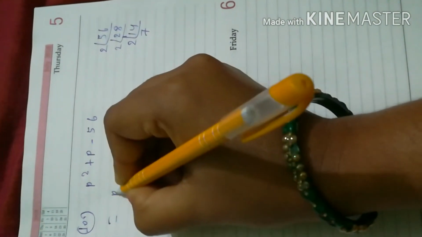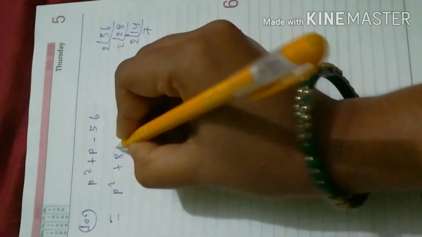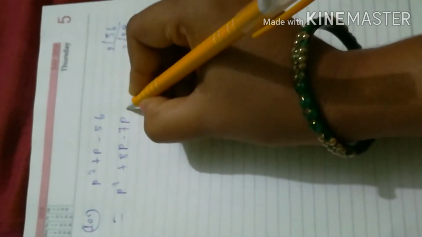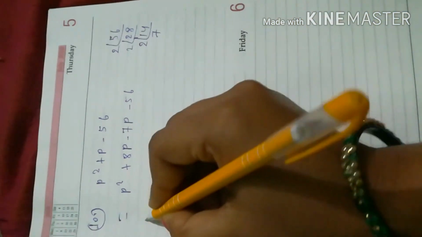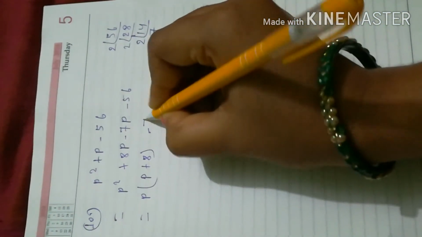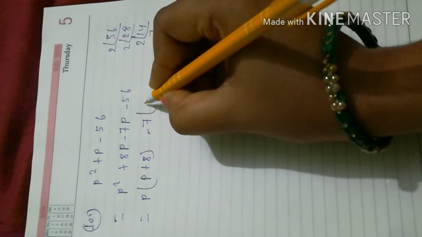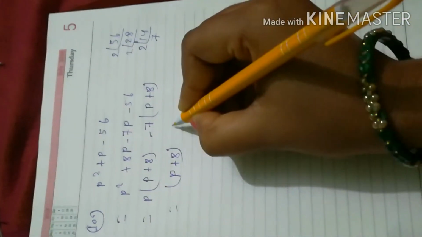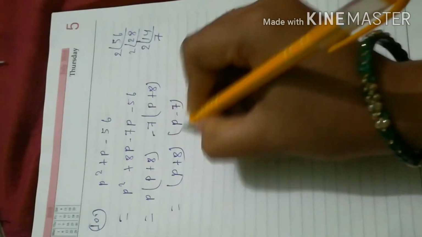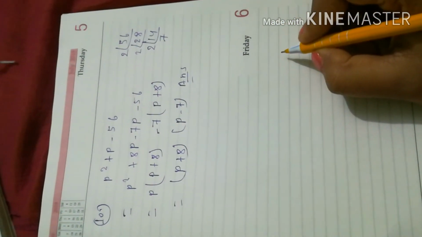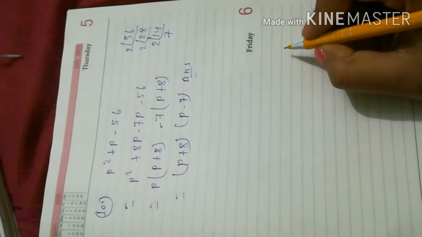So we can write p square plus 8p minus 7p minus 56. p plus 8, 7 8s are 56. So we can write (p plus 8) into (p minus 7). In this way we have completed our question number 10 also.